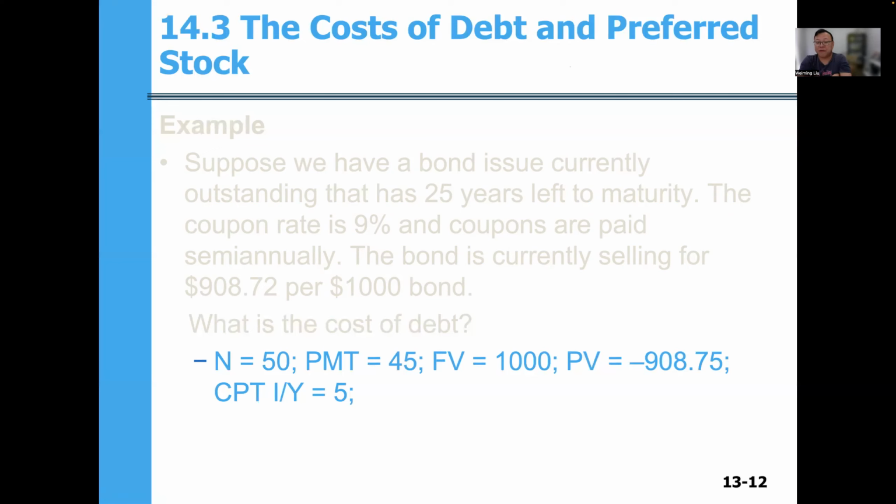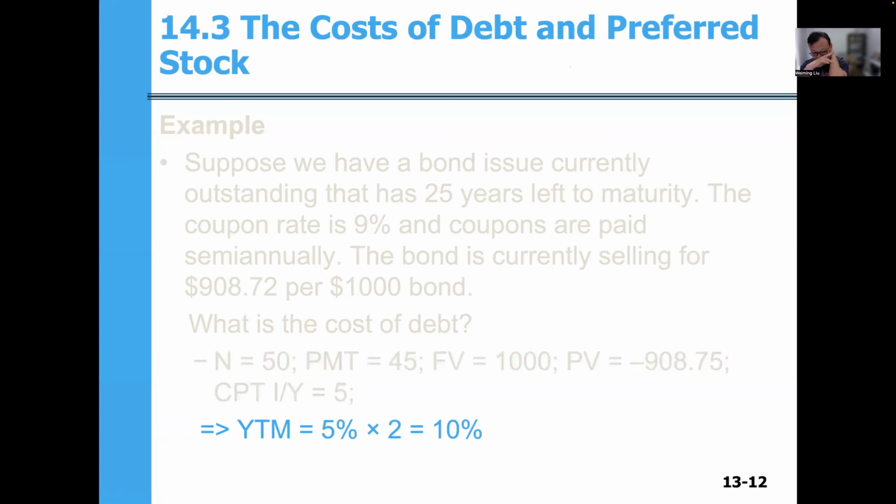So each payment would be $45. Your future value, you're going to get your face value back, so that's 1,000, and your present value is the price you paid, negative 908.75.